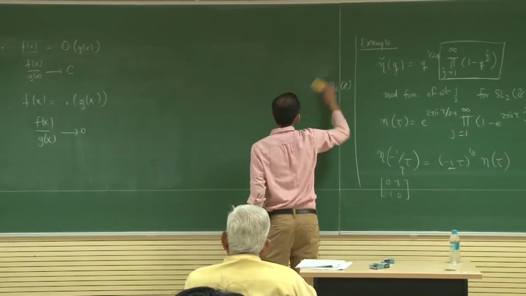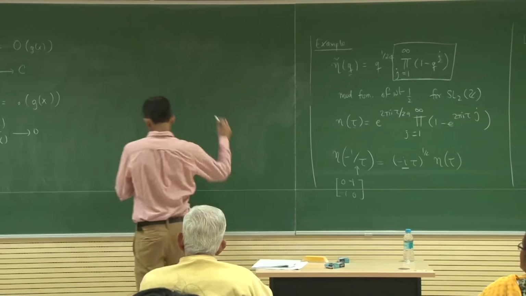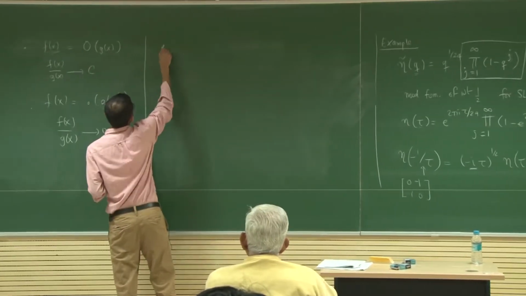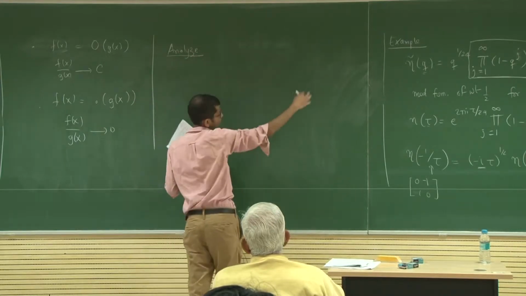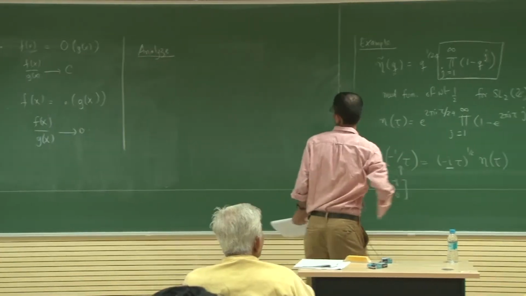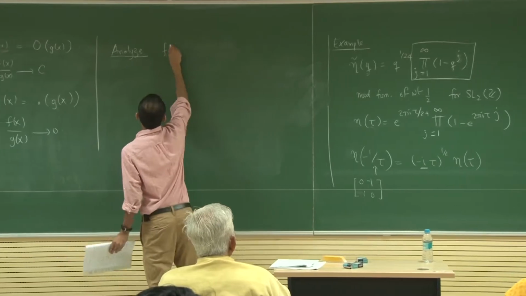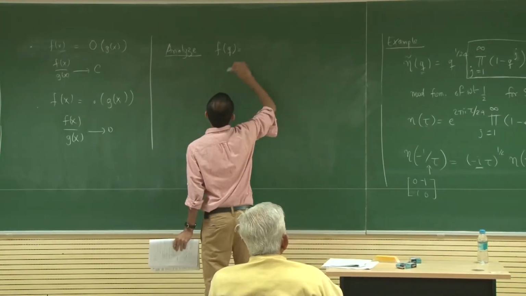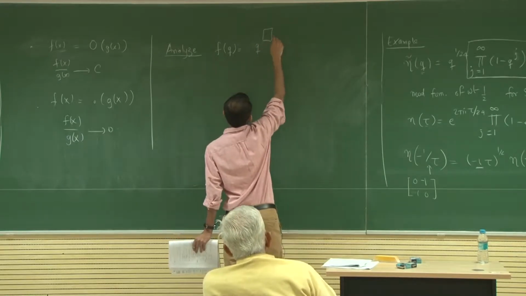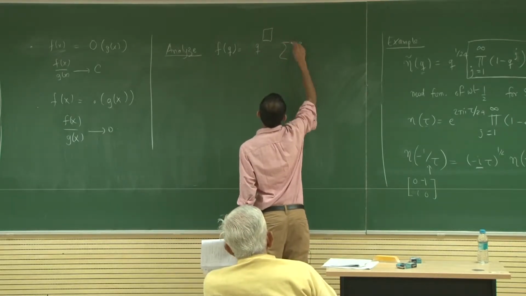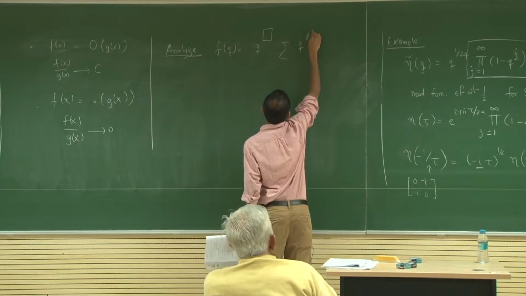And what we will do is we will analyze, take f of q to be this, where there is this modular anomaly, which is just q to a factor.